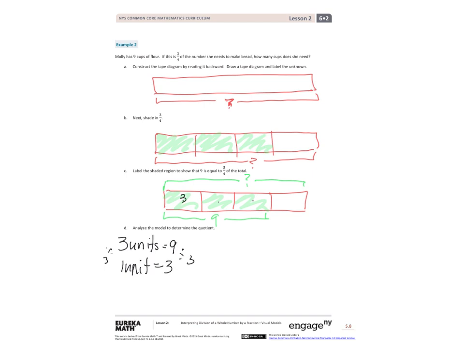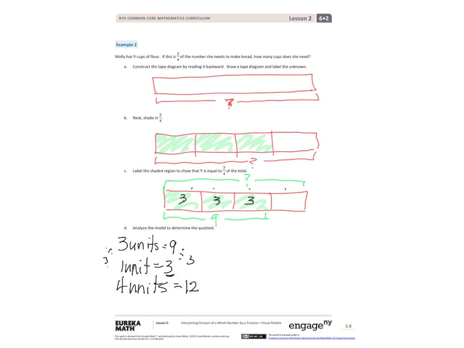So this is equal to 3, 6, 9. Got it. But now I know that I have 1, 2, 3, 4 units. So 4 units. So 1 times 3 is 3. So 1 times 4. And then I'm going to go 3 times 4, right? This 3 here. So that's going to be 12.